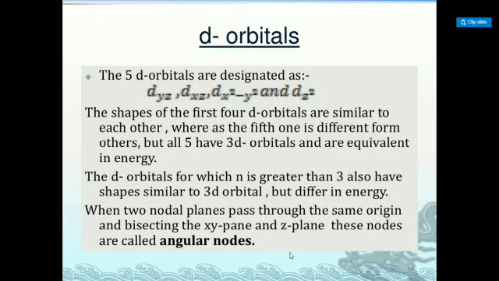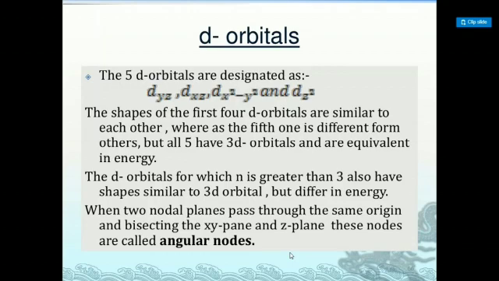Now d orbitals. The five d orbitals are designated as dxy, dyz, dxz, dx square minus y square and dz square. The shape of the first 4 d orbitals are similar to each other, whereas the fifth one is different from the others, but all 5 are 3d orbitals and are equivalent in energy.